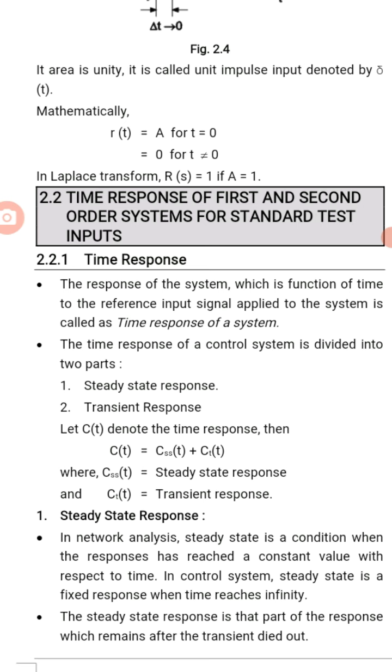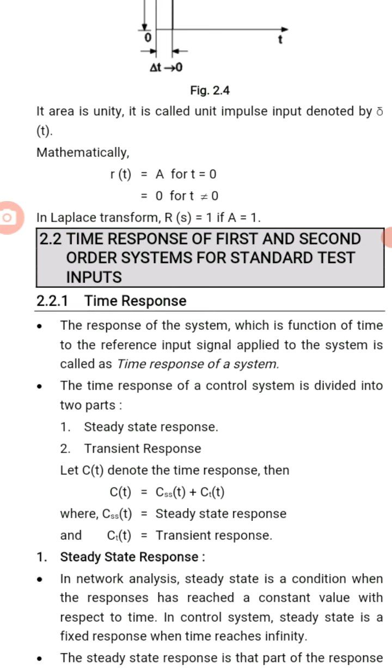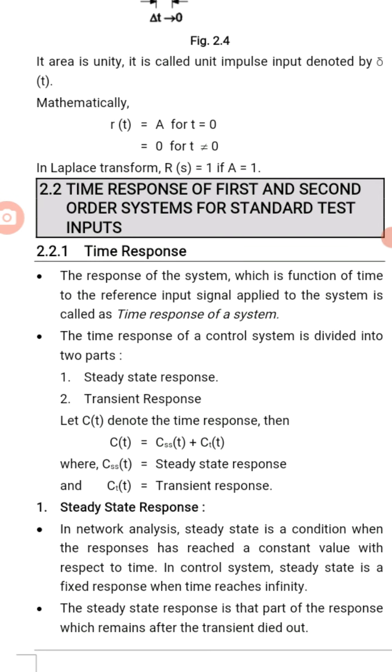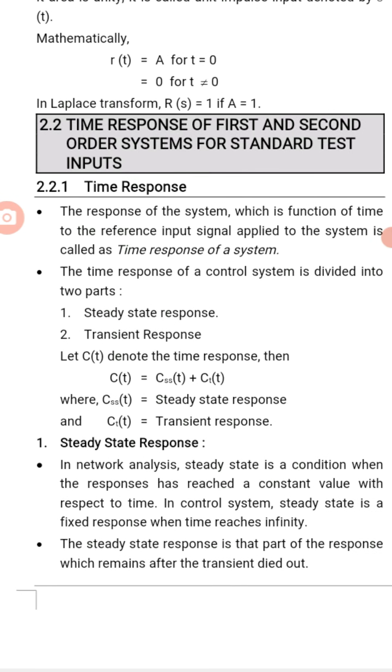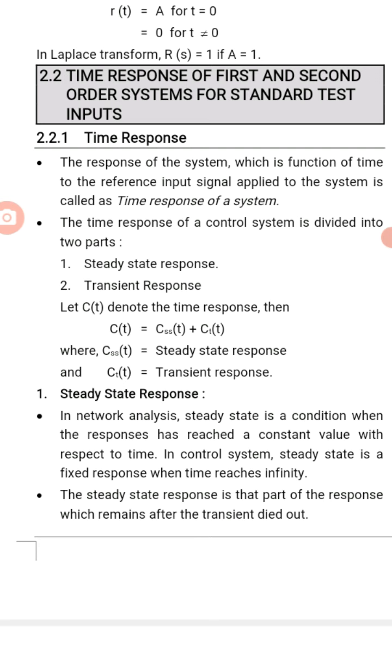Once we know the input is standard and we know the output, we can find out the response of the system, or the middle portion. Its time response is given: if the standard input is a position function, or a step function, then the output response is not immediate.